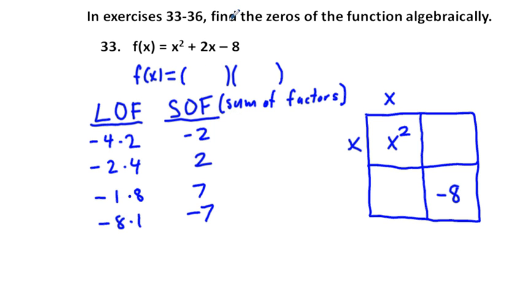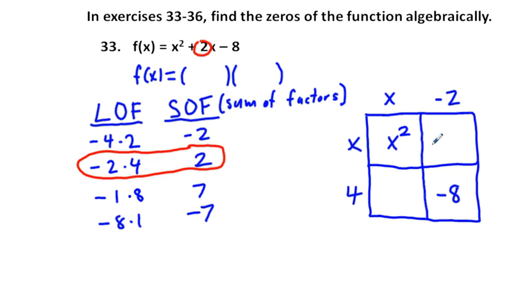And so now you look at the coefficient of our linear term, which is 2, as in positive 2, and you look at our sum of factors and see where that exists. Well, it's going to exist right here. And accordingly, our factors for this negative 8 are going to be negative 2 and 4. We could put them in opposite places. Now, if we multiply negative 2 by x, we get negative 2x, and 4 by x, we get 4x.